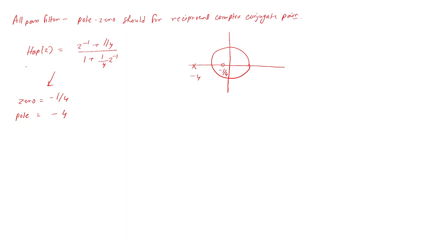So for the pole-zero condition, the reciprocal complex conjugate pair, since the pole and zero are real, the conjugate is irrelevant in this case, so they should be reciprocal of each other.